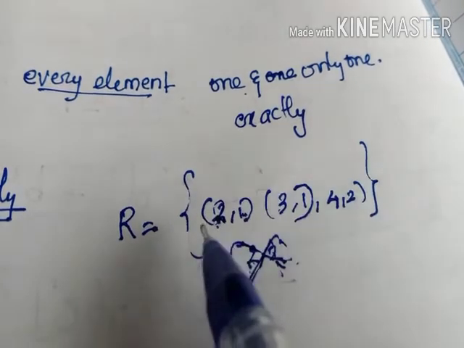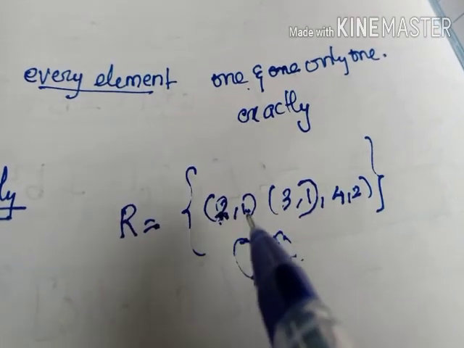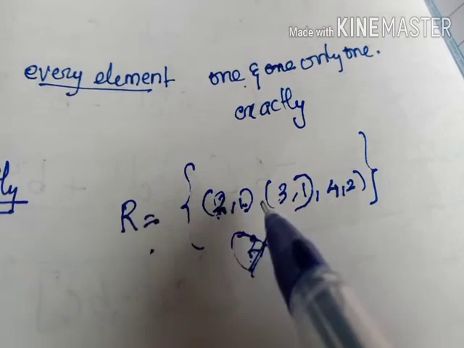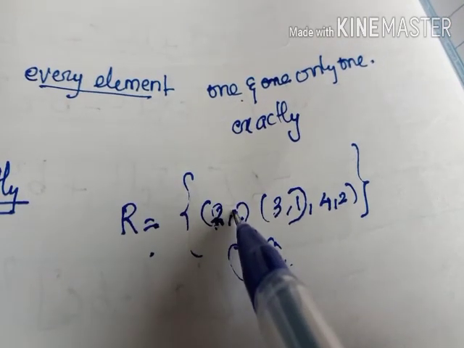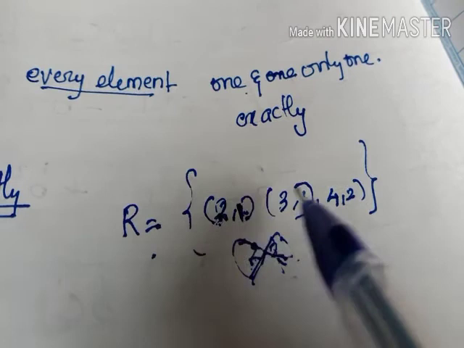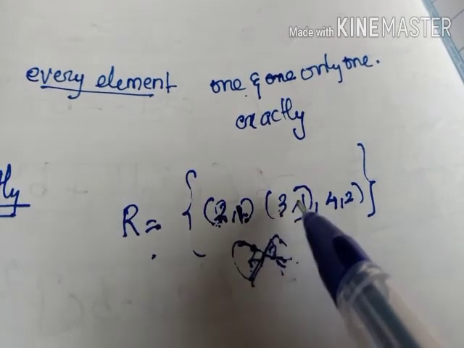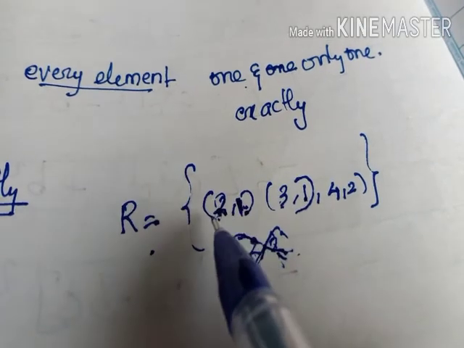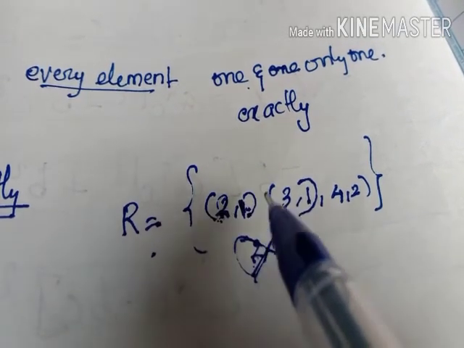In the given relation there is no repeating element, so R is a function. The image of 2 is 1 and the image of 3 is 1. We need to stick to the first element: is it repeating or not?